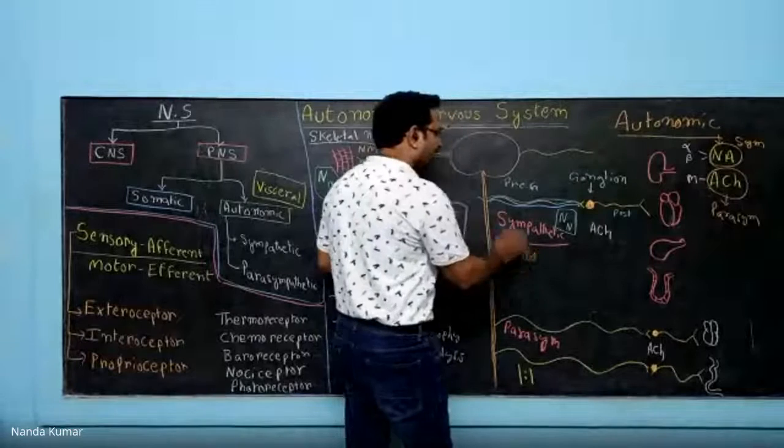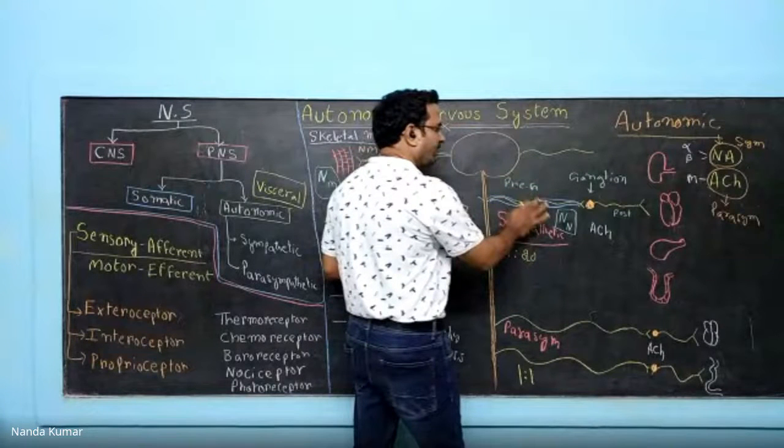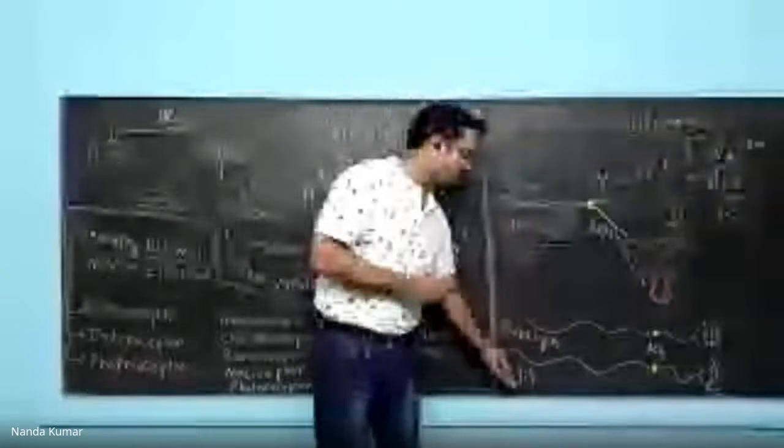That means this one neuron will be connecting with many neurons. I have drawn only 4, but statistically it is 1:20. Here it is 1:1.